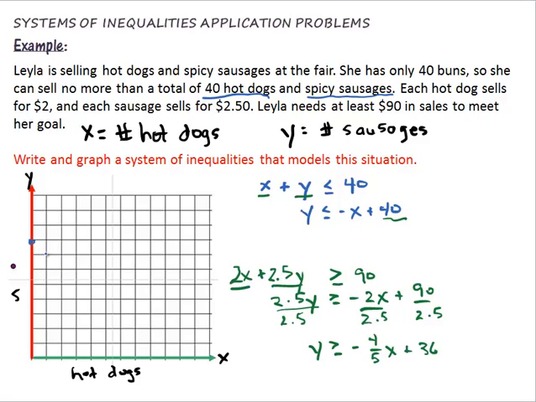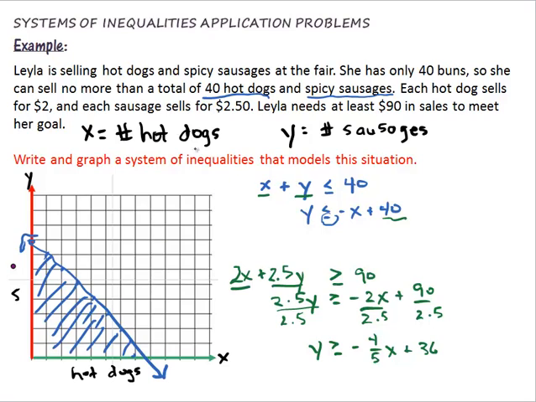I'll just go down and over, down and over, down and over. Now since it's got the equals in it, I'm going to draw a solid line. And since our solutions are less than that, we're going to shade down here.